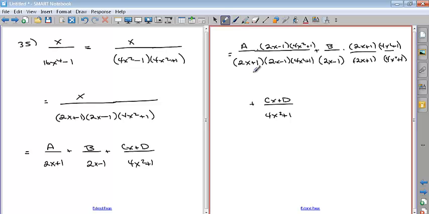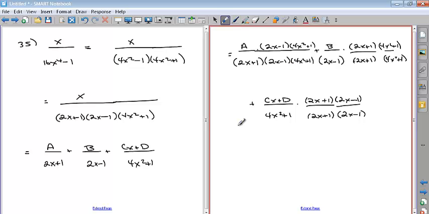Now we'll have the whole denominator here. And then the last one, I don't have to multiply by 4x squared plus 1, but I do have to multiply by 2x plus 1 over 2x plus 1, and you have to multiply by 2x minus 1 divided by 2x minus 1.